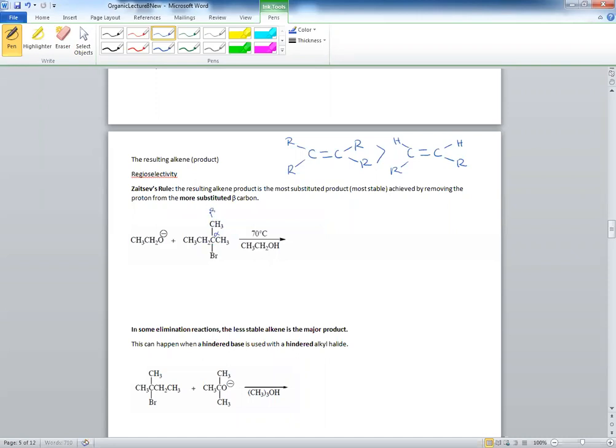You have one right there, you have one right there, and of course you have this one. Zaitsev's rule says when an elimination reaction takes place, make sure you remove the proton from the more substituted carbon, or in other words, the one with the least number of hydrogens.